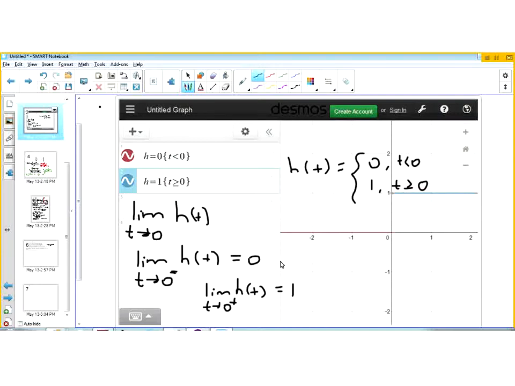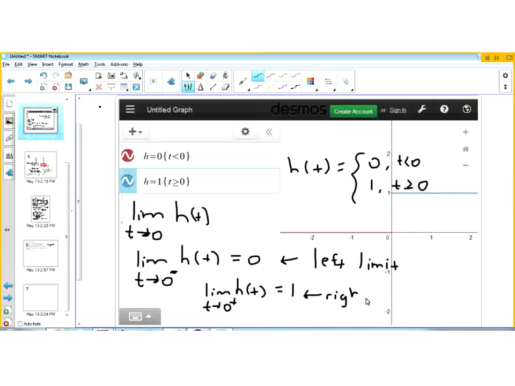Okay, so there's the piecewise definition. And notice that the left limit, this is called the left limit right here. And this is called the right limit, for obvious reasons.